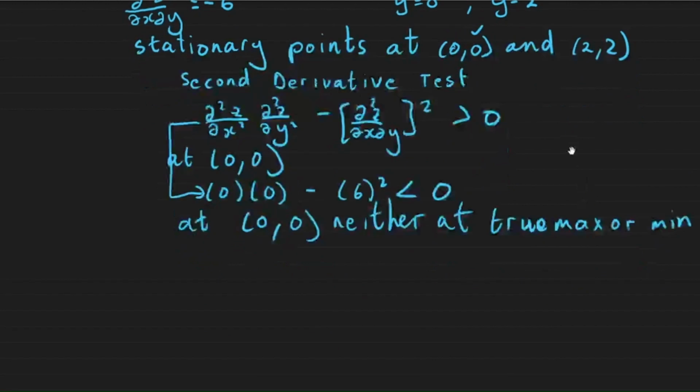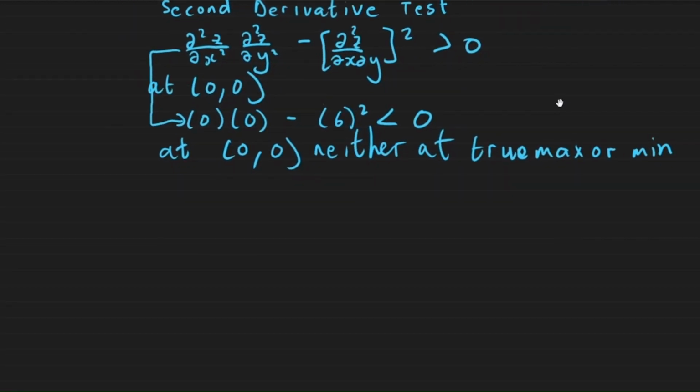We now apply the same for the point 2, 2. So at 2, 2, we substitute these values in. Remember that the second derivative is 6x and it's 6y. So 6 times 2 is 12, and 6 times 2 is 12 again.